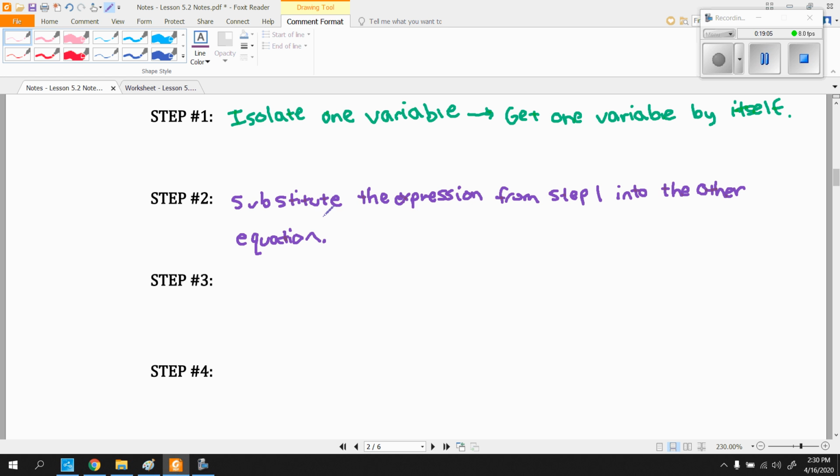This one, it's a little bit more complicated than that sounds. So substitute the expression from step 1 into the other equation. And then there's kind of a follow-up.